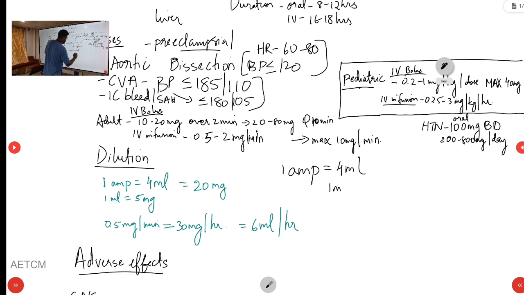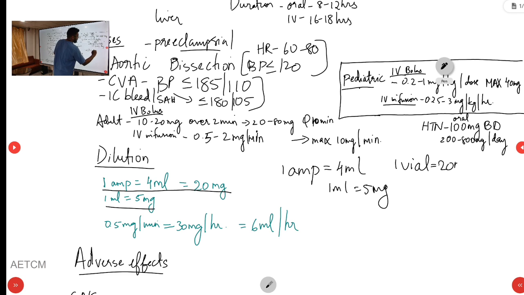So, 5 into 4 is 20 mg of labetalol in an ampule, whereas one vial has around 20 ml, so 20 into 5 is around 100 mg of labetalol in a vial.